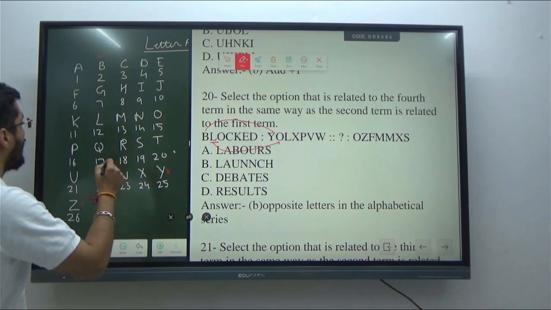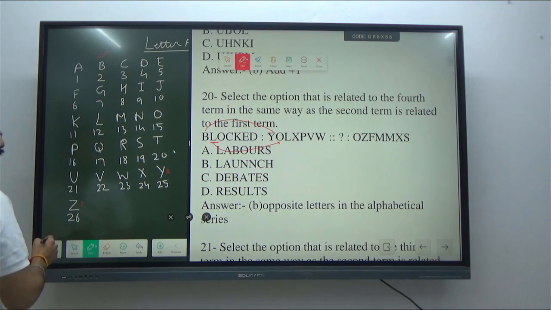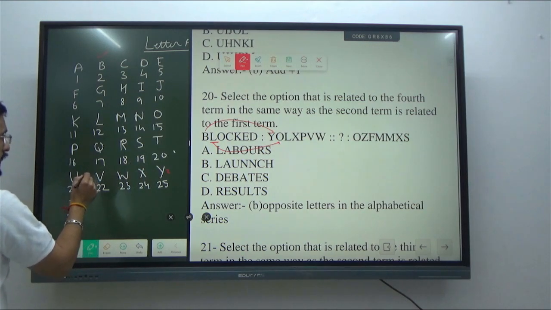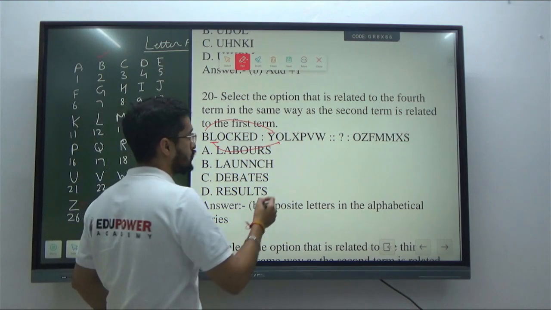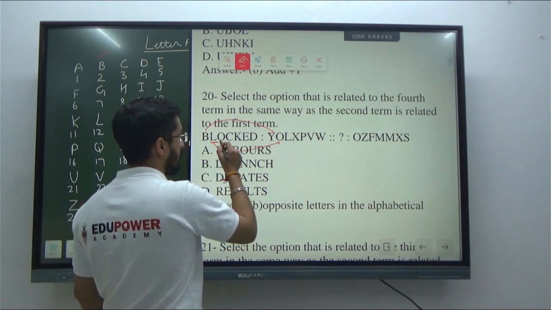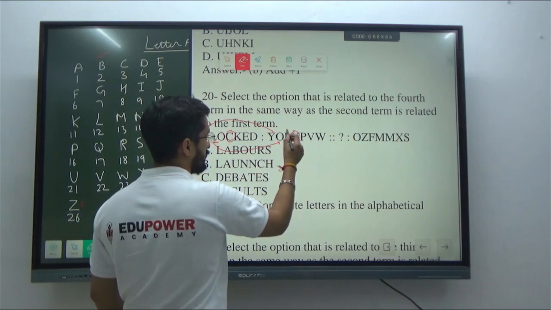Now L is 12th from the front, okay, and O is 12th from the back. I'll just count 1 2 3 4 5 6 7 8 9 10 11 12th. Okay, so O is 12th from the back. Okay, again now C का क्या आ रहा है, X आ रहा है कोड.